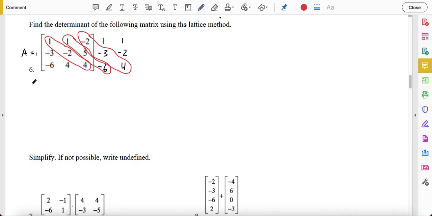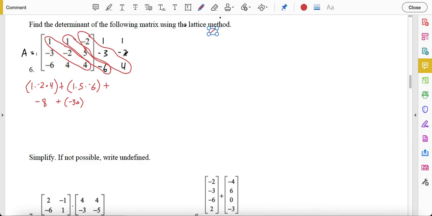So first, 1 times -2 times 4, that's -8. And we add the next one, 1 times 5 times -6, that's -30.